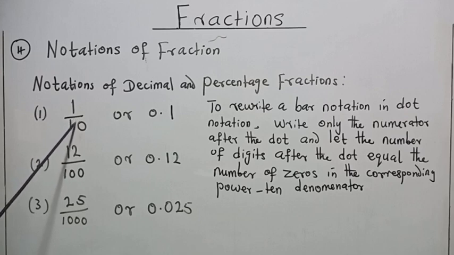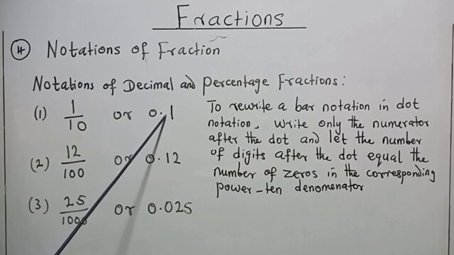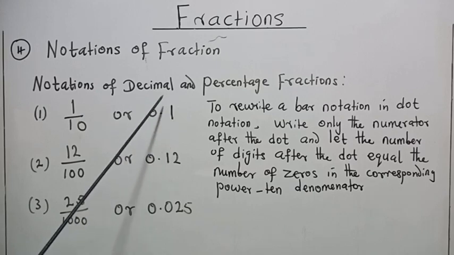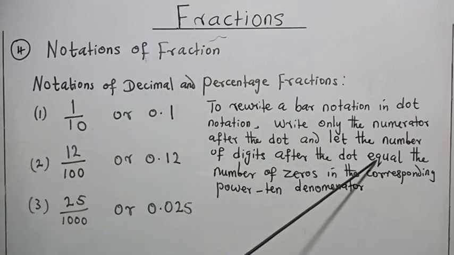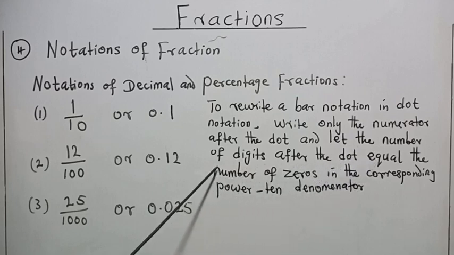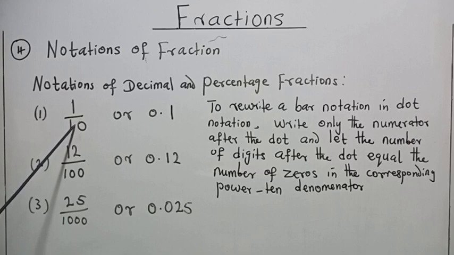This is our power 10 denominator. How many zeros are here? Only 1 zero. How many digits are here after the point? Just 1. Therefore, the number of digits has become equal to the number of zeros in the power 10 denominator.